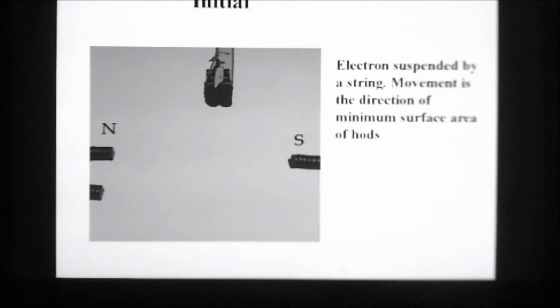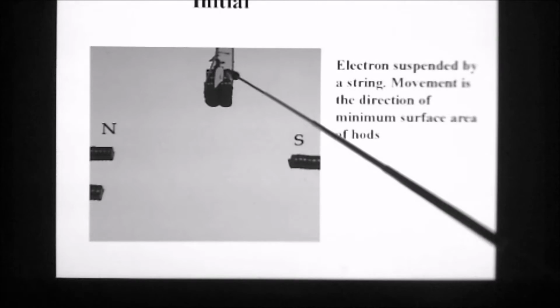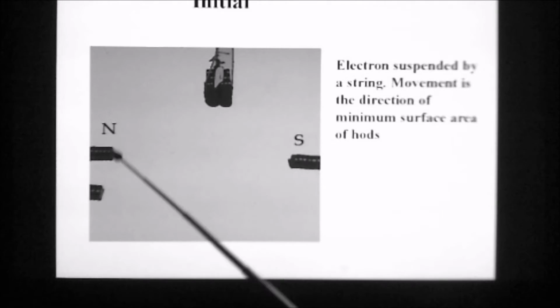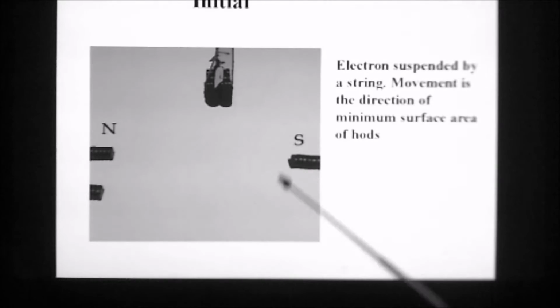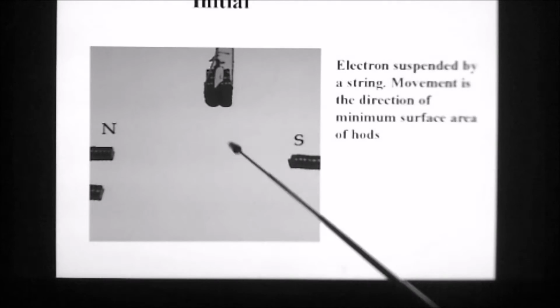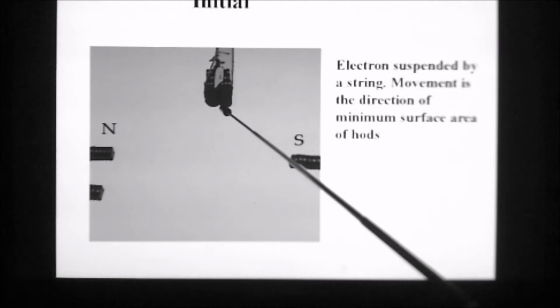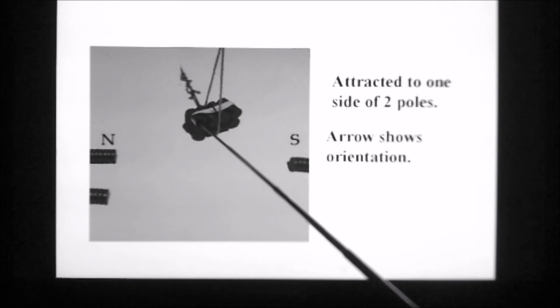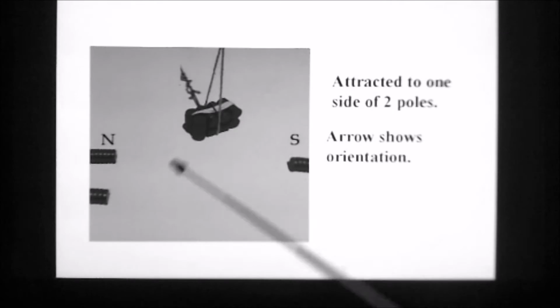So here we have the electron or positron suspended by a string in an inhomogeneous magnetic field. The minimum surface area is presented to the direction of motion, which is down. When it gets close to the magnet, the particle begins to spin as the magnetic force starts to move it.